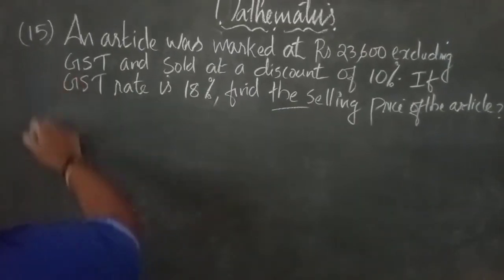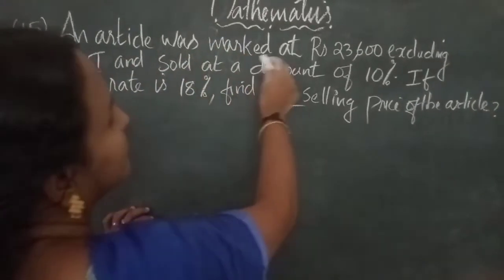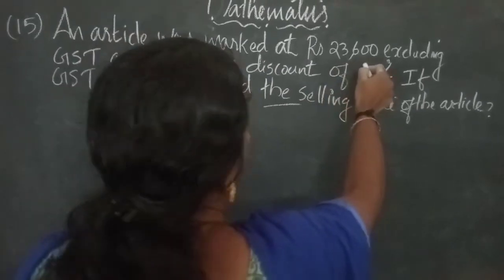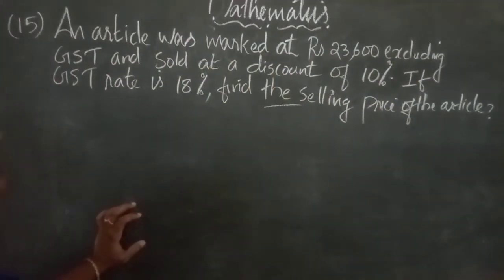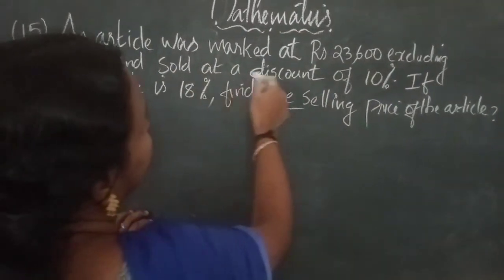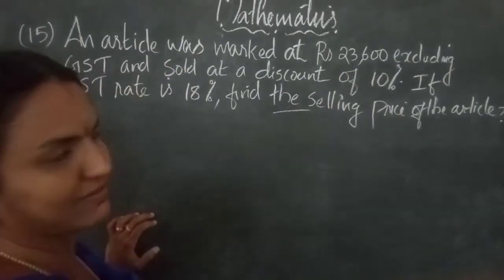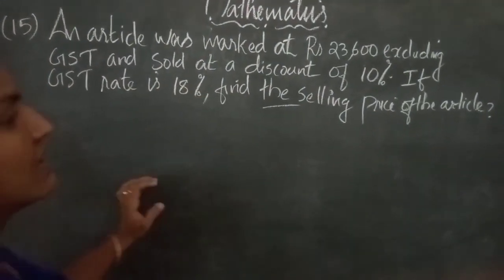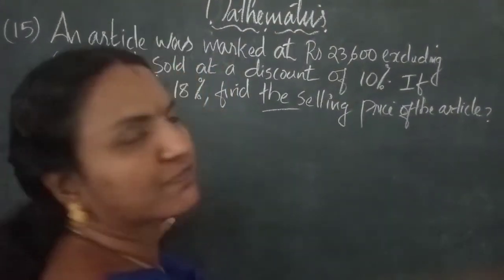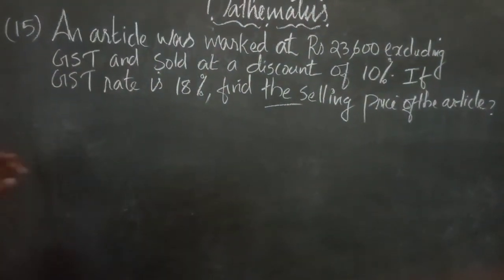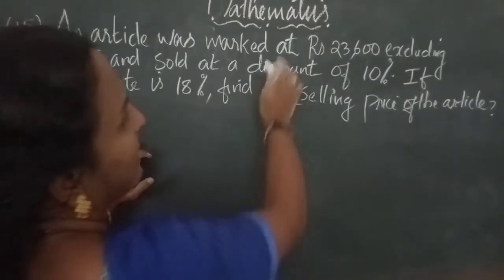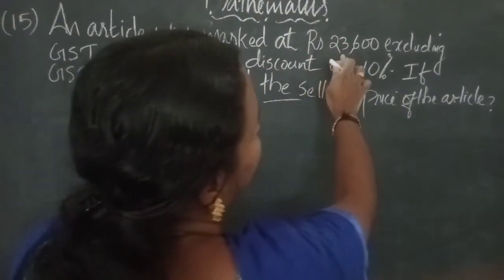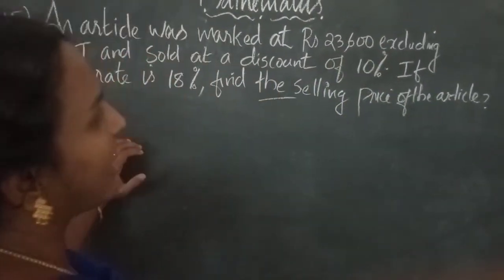Next, question number 15. An article was marked at rupees 23,600 excluding GST and sold at a discount of 10%. If GST rate is 18%, find the selling price of the article. What is given? The mark price is given. Mark price is equal to 23,600.